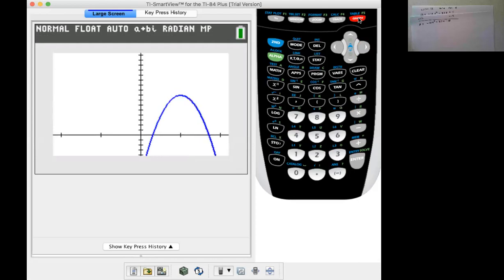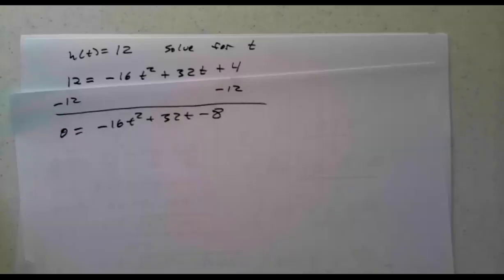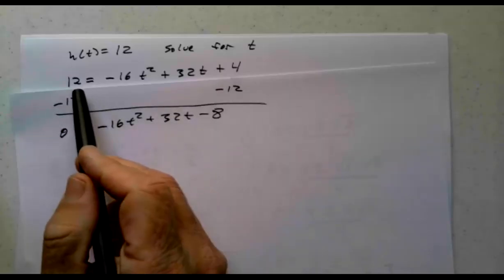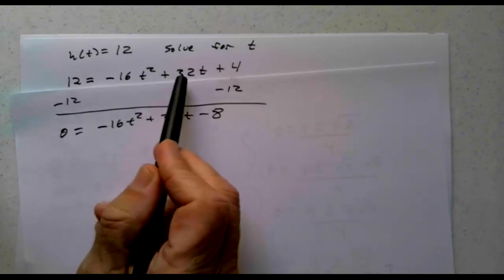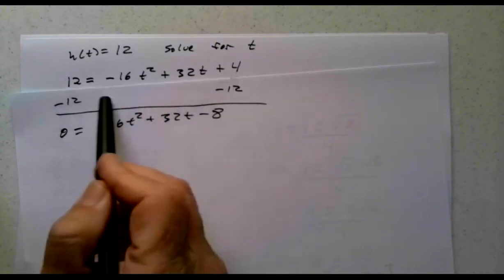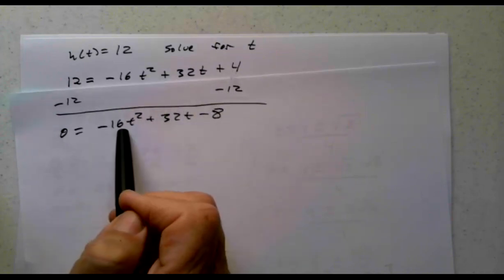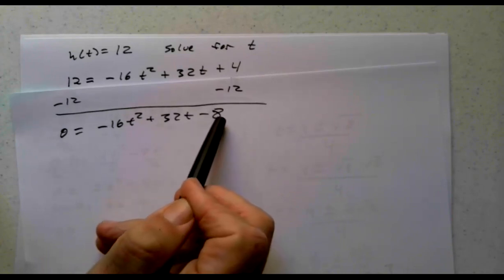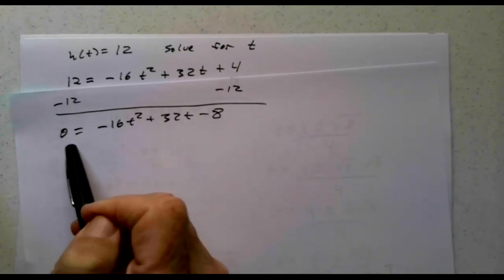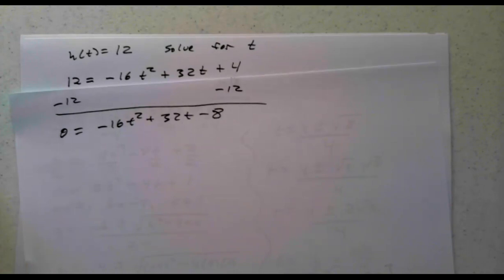And I want to find out when it is equal to 0. Remember, we wanted to find out when 12 was negative 16t squared plus 32t plus 4. When I subtract 12, then I get negative 16t squared plus 32t minus 8. When is that equal to 0? So we see that on our screen.